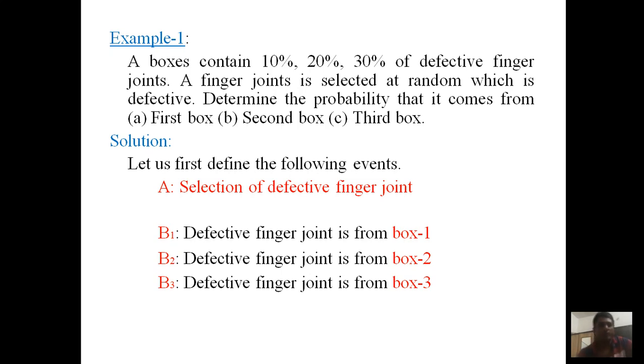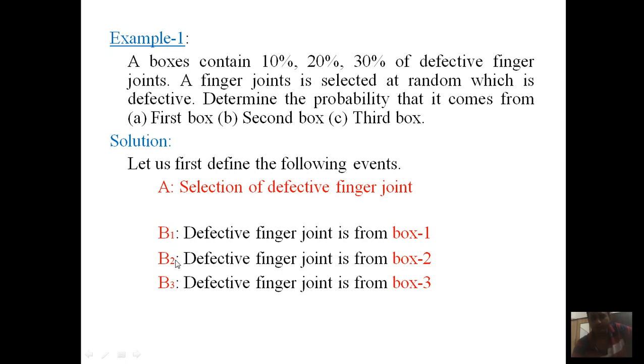So to deal with the solution, first of all we have to assign some events. So let's first define the following events. Say capital A stands for selection of defective finger joints. Then B1 is an event which represents that the defective finger joint is from box 1.